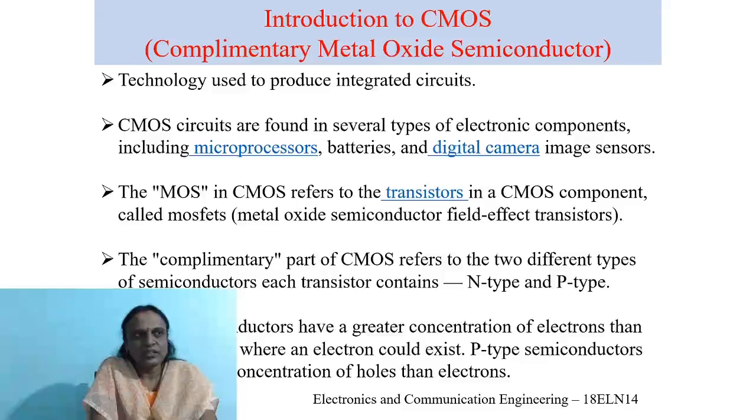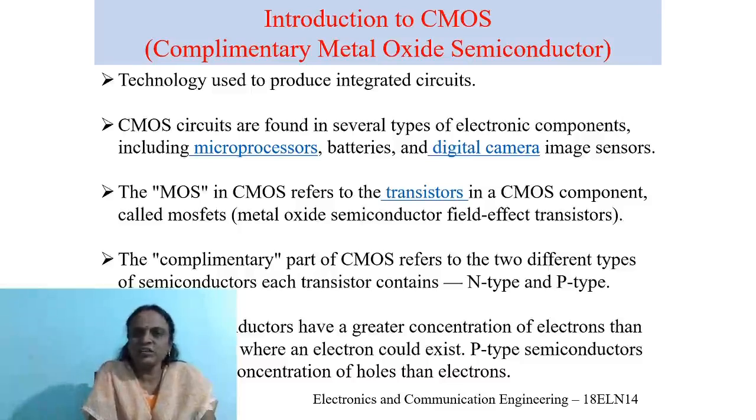Now, MOSFET is metal oxide semiconductor field effect transistor. The metal part of the name is a bit misleading, as a modern MOSFET often uses polysilicon instead of aluminium as the conductivity material.